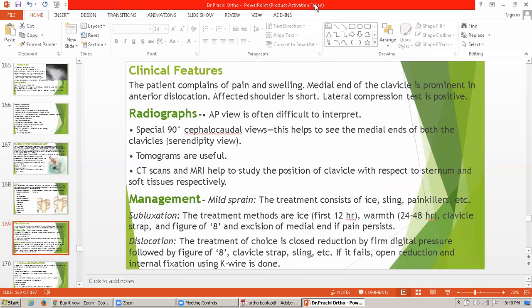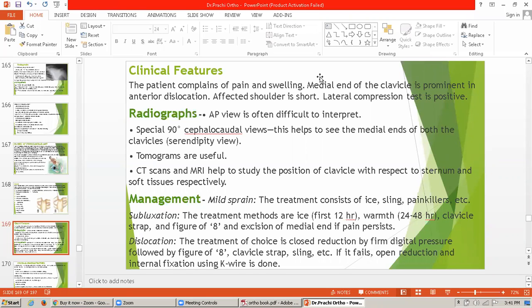Clinical features: the patient complains of pain and swelling. The medial end of the clavicle is prominent in anterior dislocation and the affected shoulder is shortened. The lateral compression test is positive.